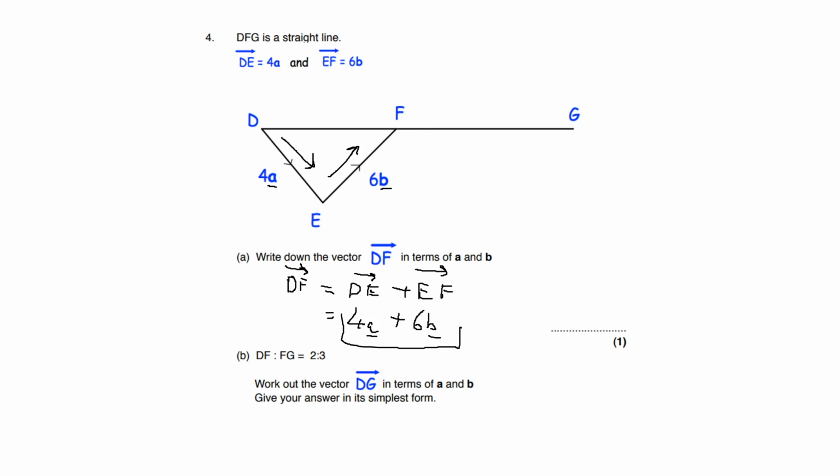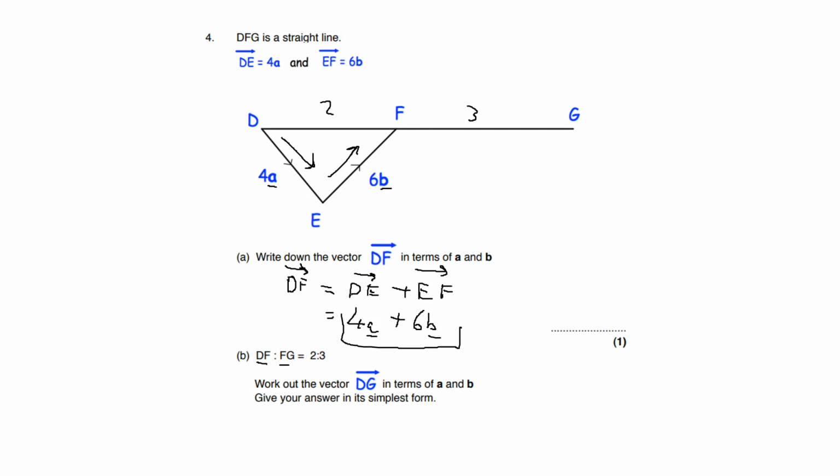What about if we have to work with ratios? So for this one, we're told DF and FG is in the ratio 2 to 3. So what is the vector DG going to be in terms of a and b?